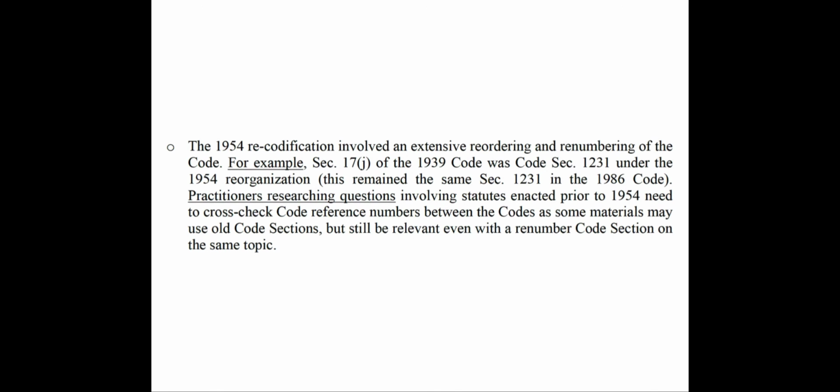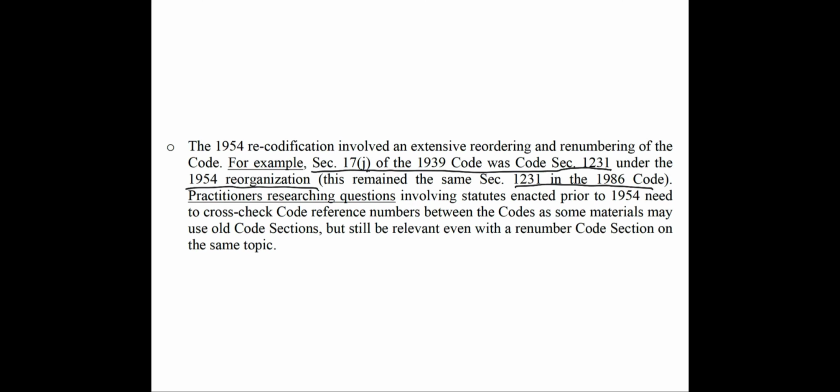So the recodification in 1954, it's important for tax research. And the reason why is because if you're looking at a case before 1954, you might see a section number and you're like, oh, well, that's not the section I'm looking at. For example, Section 17J of the 1939 tax code is really Section 1231 under the 1954 code, which also keeps the same in 1986.